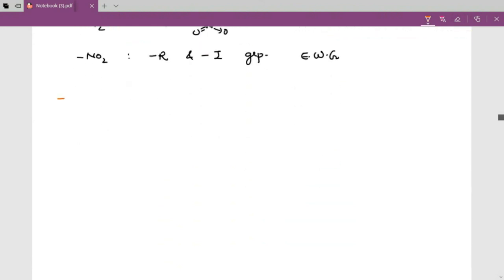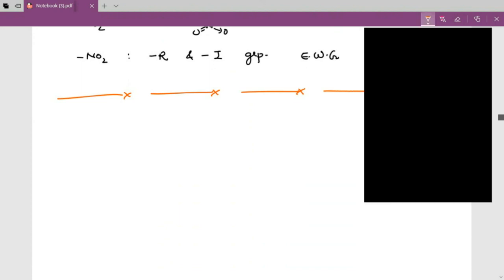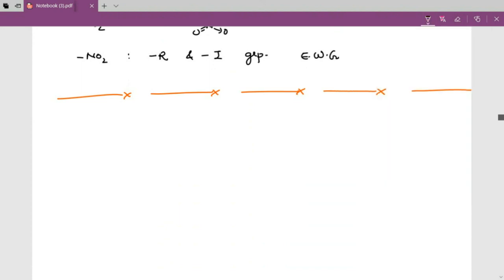Not in phenols, but I'm taking another example. You might be aware that Ka1 of maleic acid is more than that of fumaric acid.